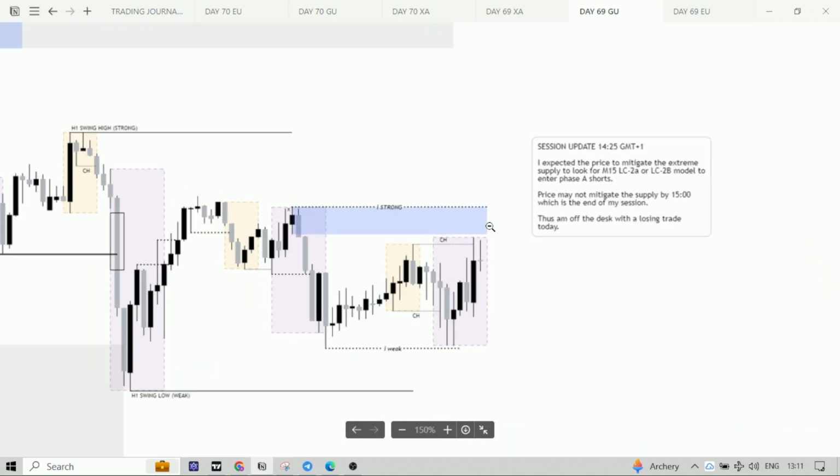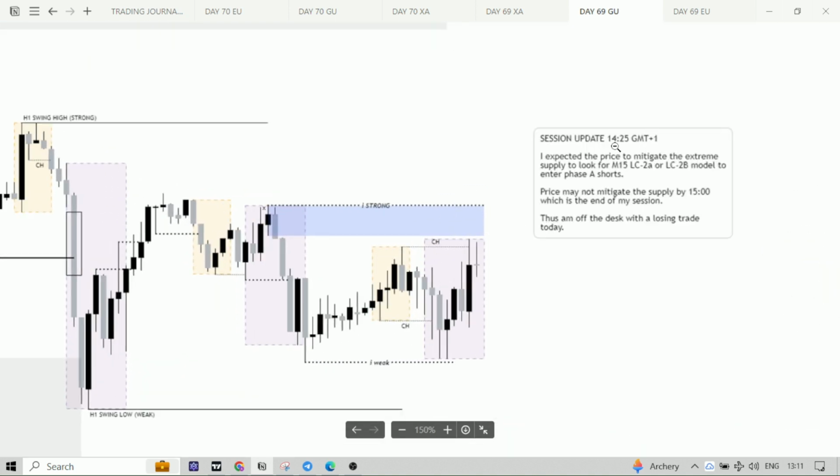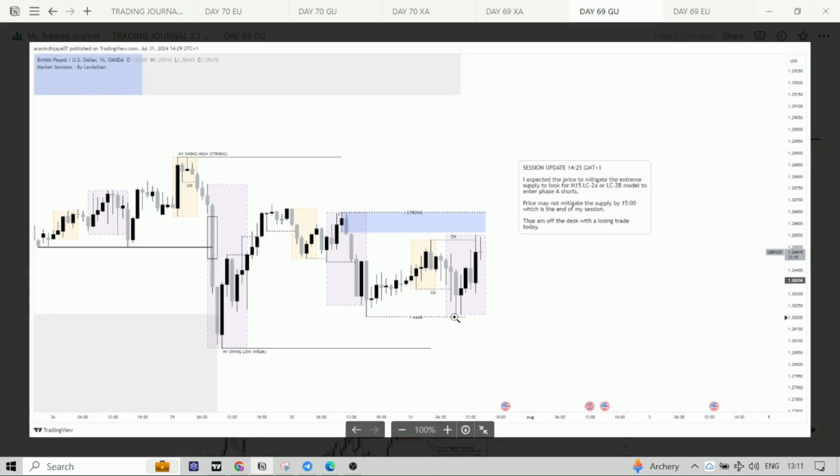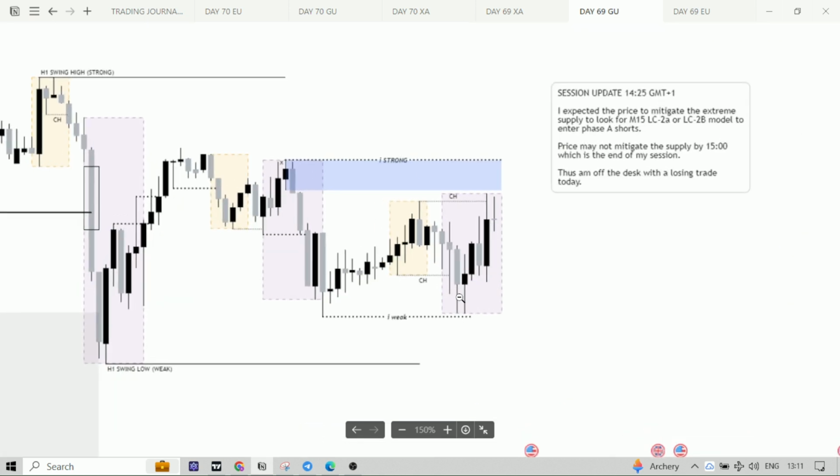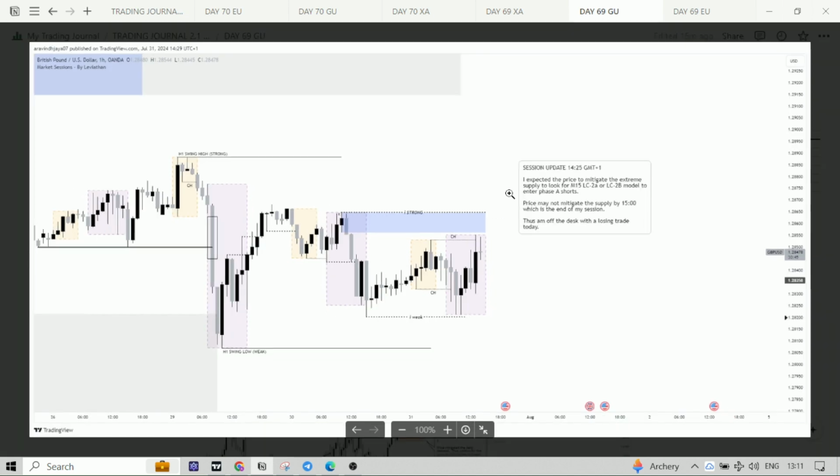what happened is price made a chalk and it's around 4:25. So I thought of taking a second trade when the price mitigates this supply, because this is the extreme supply above which price cannot go if the internal bearish order flow is to continue. But the price didn't mitigate this M15 H1 supply.